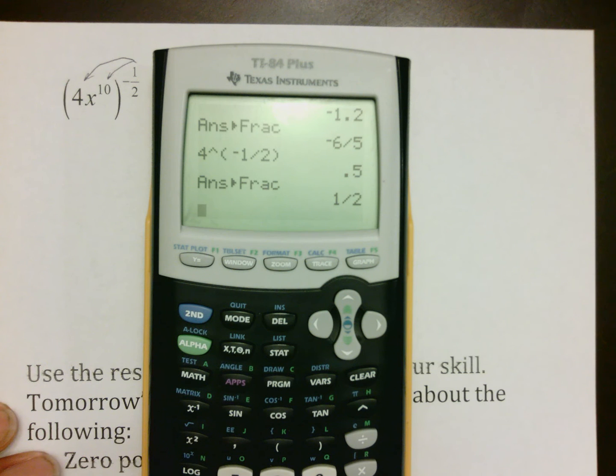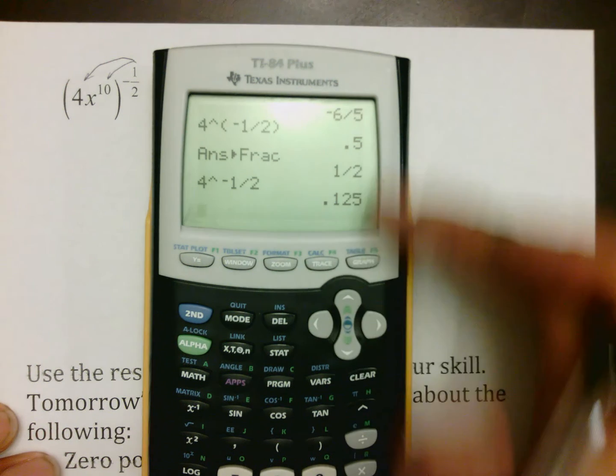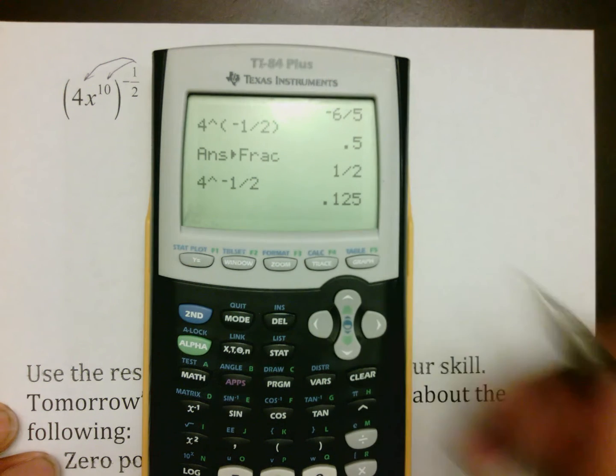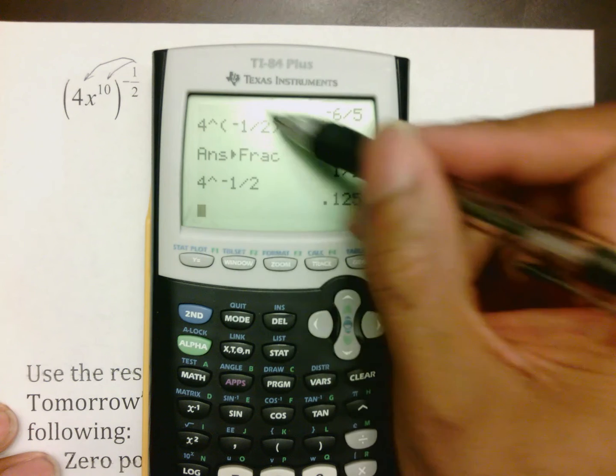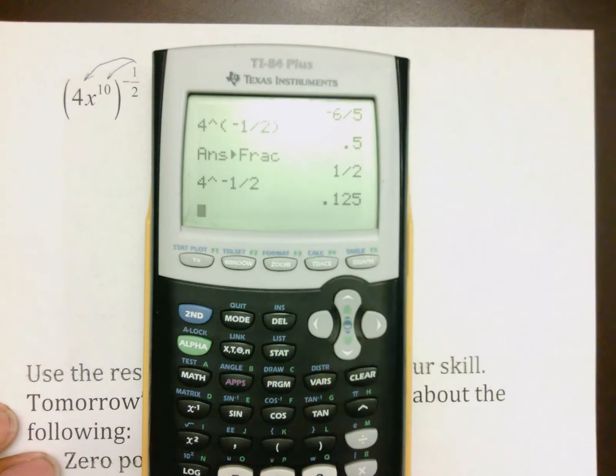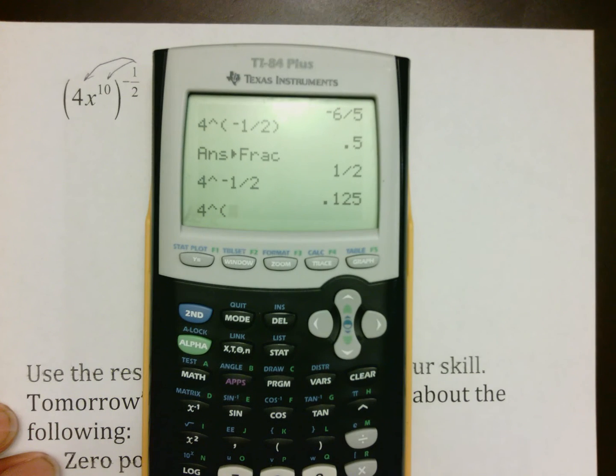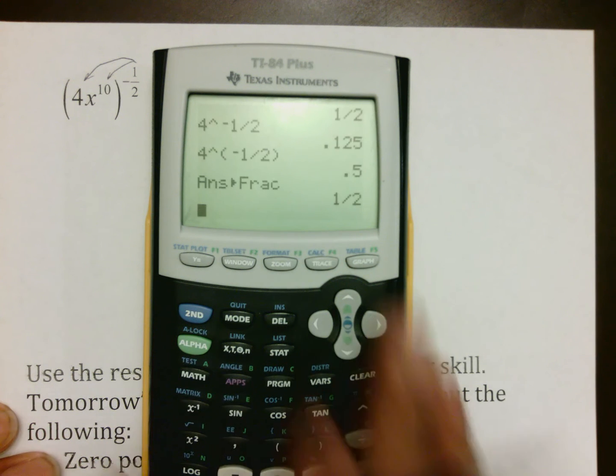Now let me show you what happens if you did not type that in correctly, which is 4 caret negative 1 divided by 2, a whole different decimal that you got, which will give you a whole different answer. Make sure whenever you type these things that you use your parentheses the way you're supposed to. So 4 caret parentheses negative 1/2 equals, convert it to be 1/2.